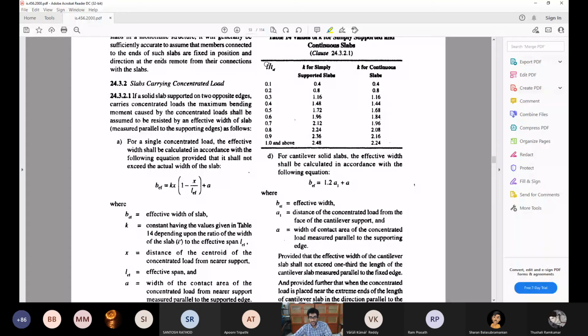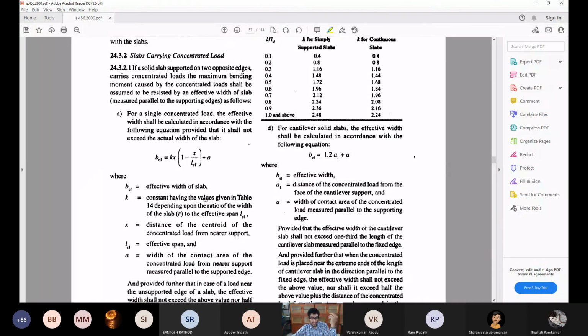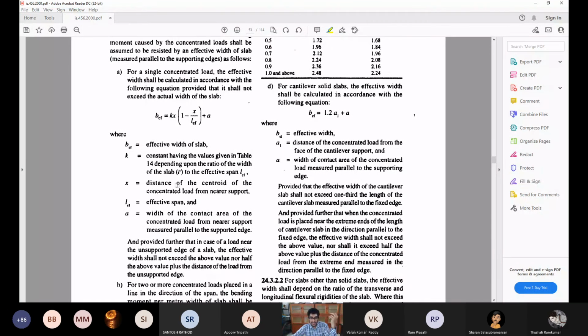So you find out the width of the slab by effective span, you have some ratio. Then you can pick out what is K for simply supported and continuous slabs. X is the distance of the centroid of the concentrated load from the nearest support. So for example, if you have a load at the center of the slab, the distance from the boundary to the center of that is X.